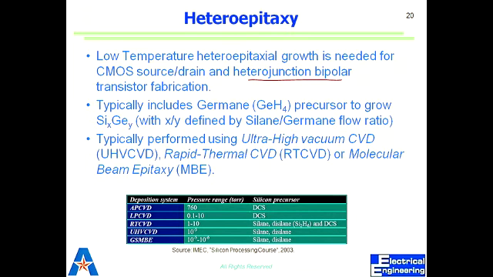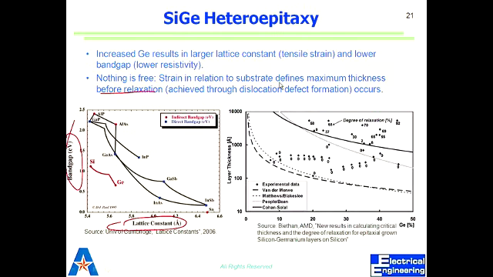It's done with UHV CVD, RT CVD, or MBE, molecular beam epitaxy. They all have their own pressure ranges, and the precursors are different for all those processes. But what we want is silicon germanium, which is commonly used in HBT.